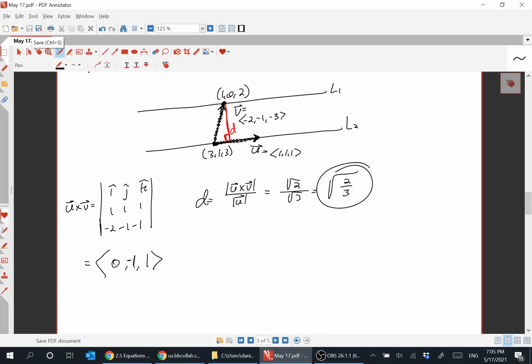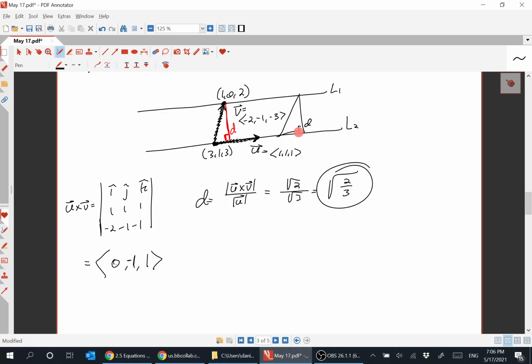All right, so when lines are parallel, you can do that calculation and it makes sense. It gives you the distance from line 1 to line 2. And it doesn't matter which points you pick, right? When lines are parallel, I can slide this vector and this vector along L1 and L2, and that distance D never changes.